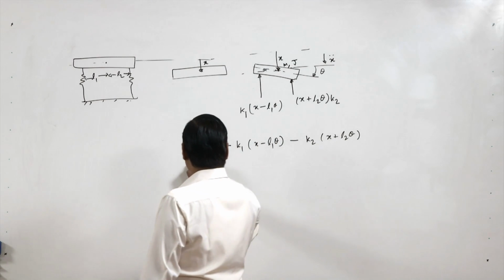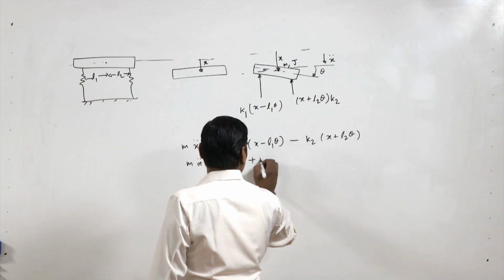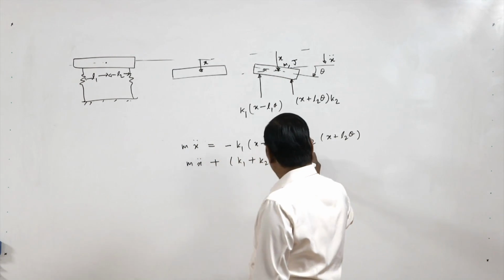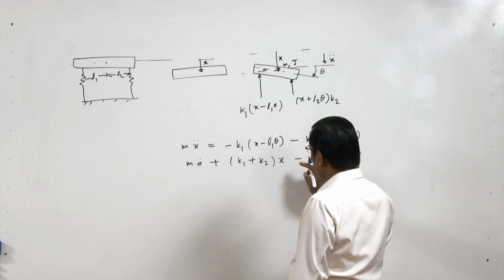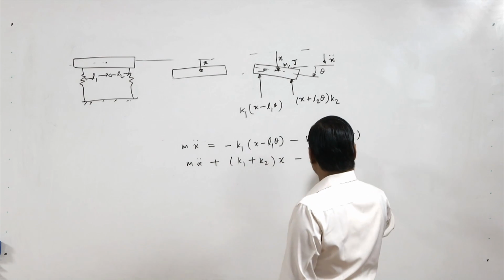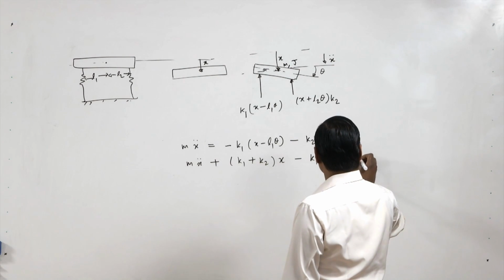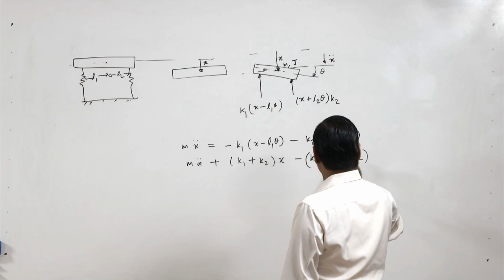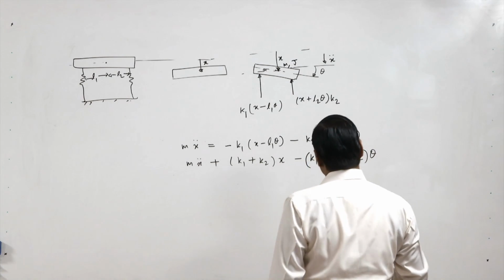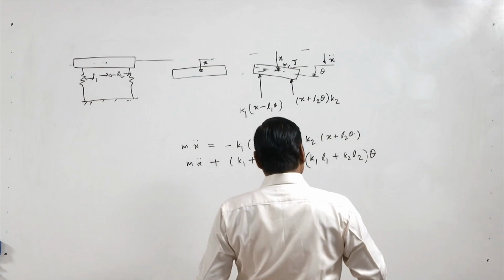We can rewrite this equation as m x double dot plus (K1 plus K2) x minus (K1 L1 minus K2 L2) theta equals 0. So this is equation number 1.